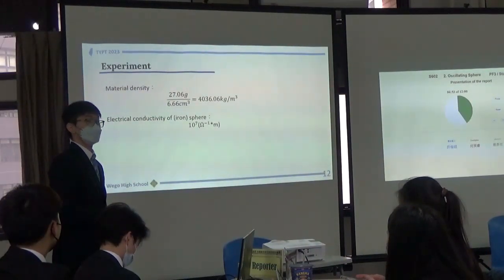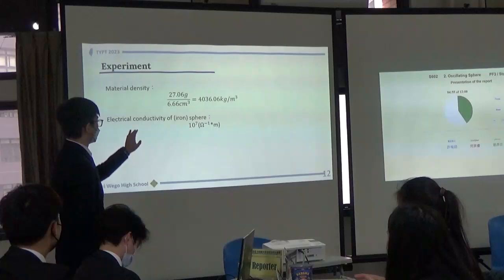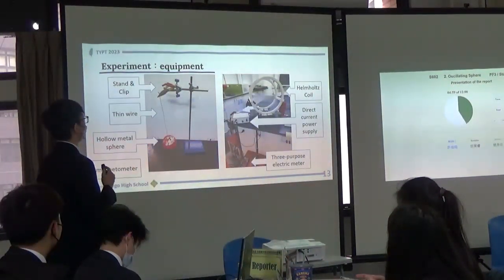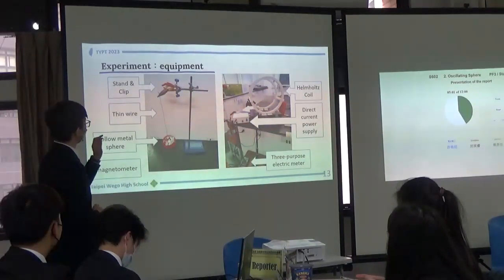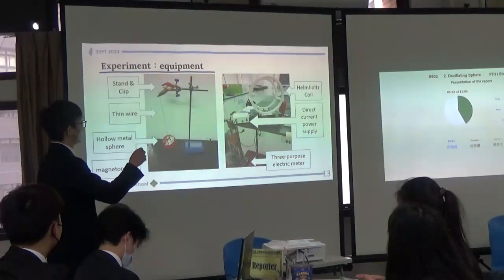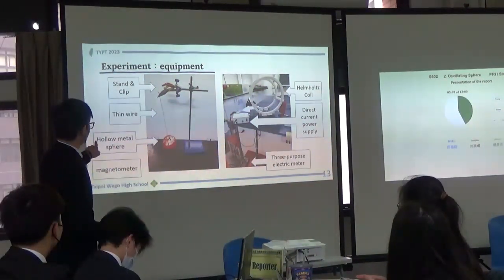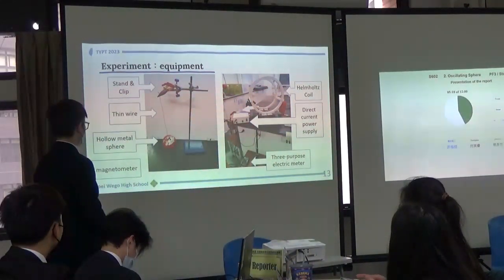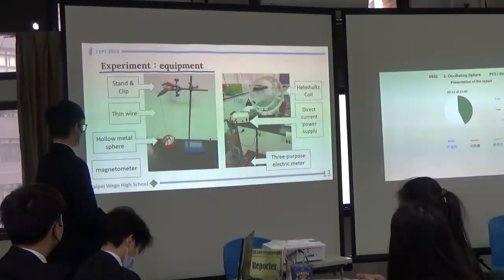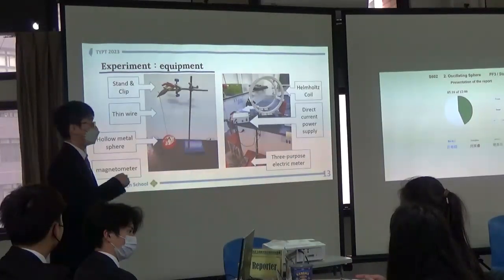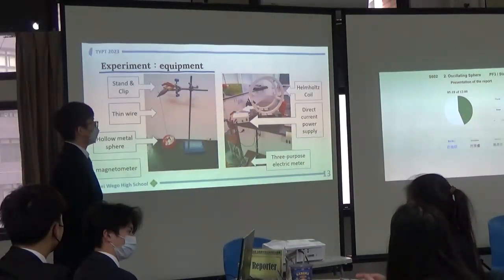Now in our experiment, our material density is shown, and the electrical conductivity of the sphere depends on its material. We chose iron, and these are our numbers. And here's our equipment setup. First, we use a standing clip to hold the wire to ensure it's stable, along with the thin wire, the hollow metal sphere, and also the magnetometer to detect the magnetic flux throughout the experiment.